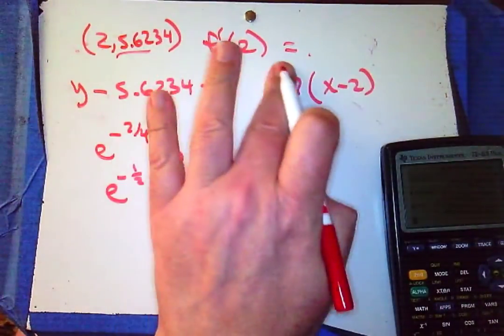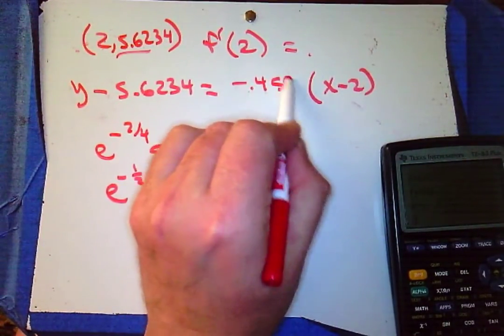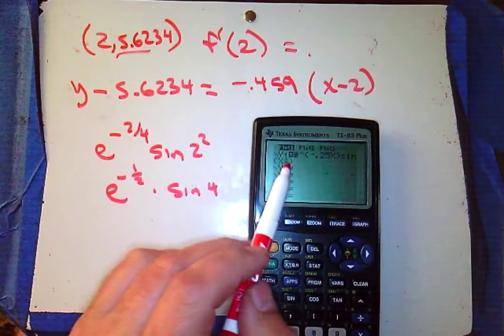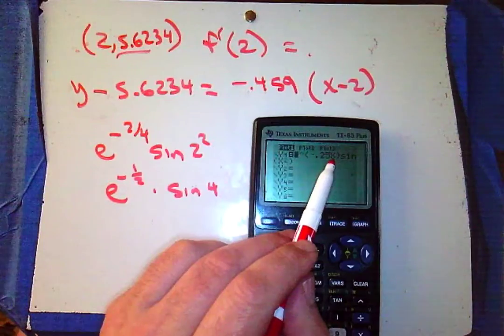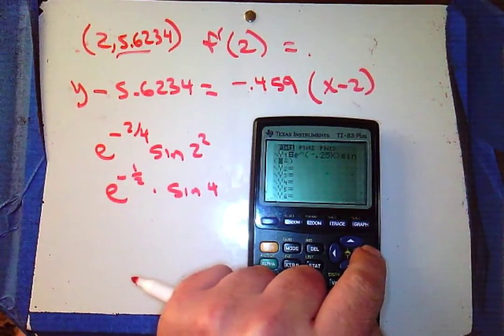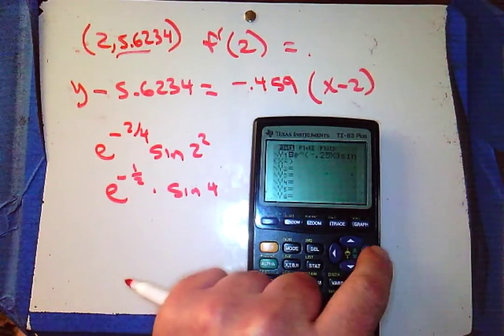I'm going to go back to the table and check. So, negative 0.459. Did I have the wrong function? e to the negative x over 4, all in parentheses, sine x squared. That should be right.